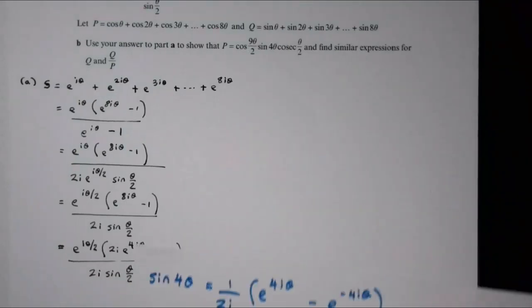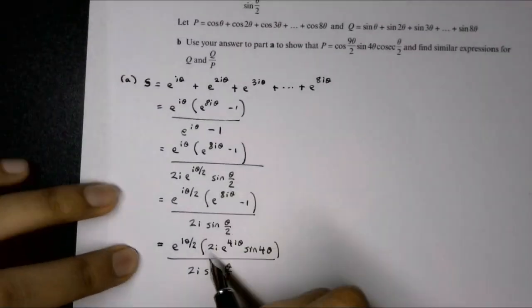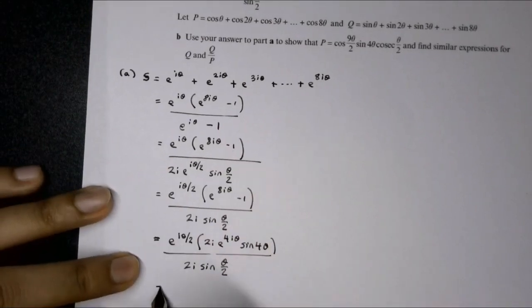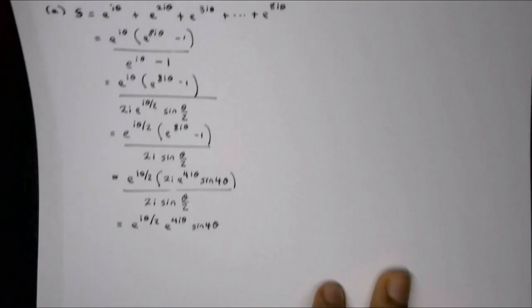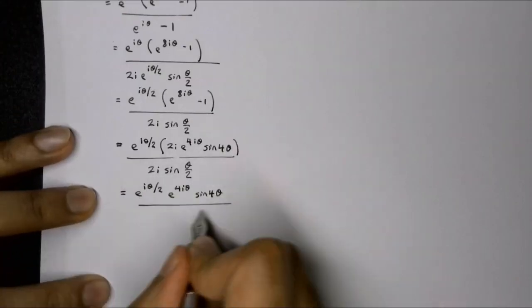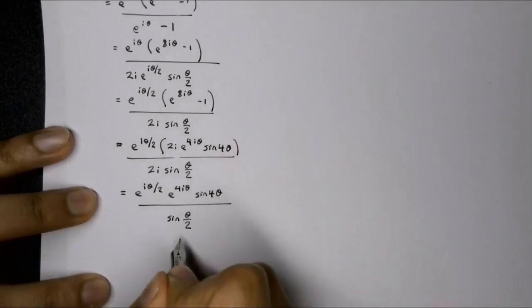So how does this help us? Well, what you can hopefully see is that the two i's cancel out. So we have e to the i theta over 2 times e to the 4i theta times sine 4 theta. That's what we have on the top, and on the bottom we're left with sine of theta over 2.